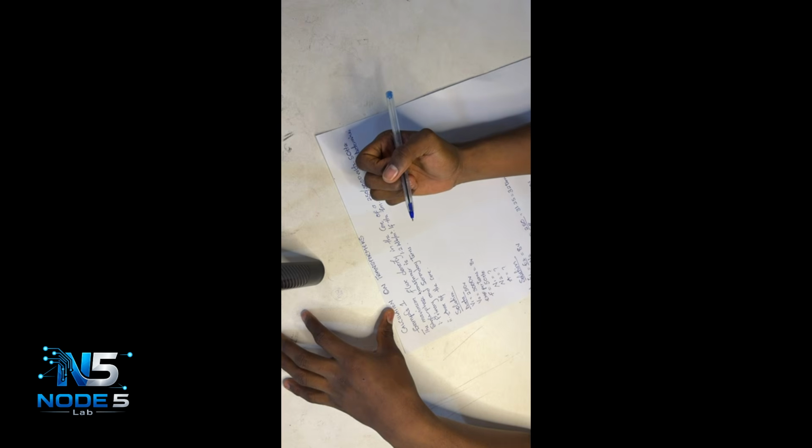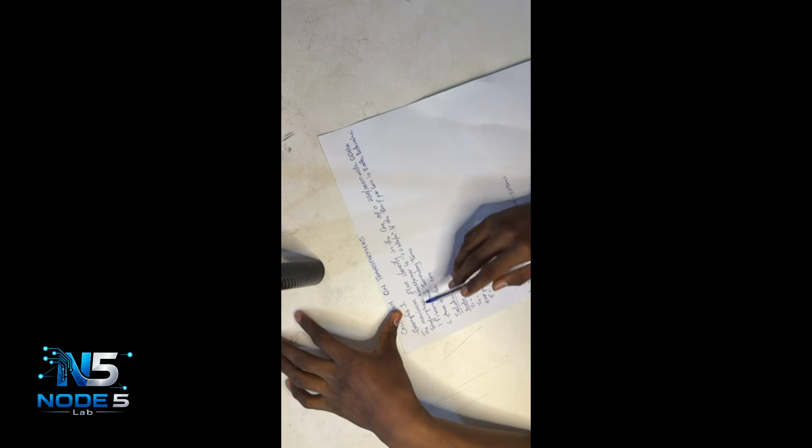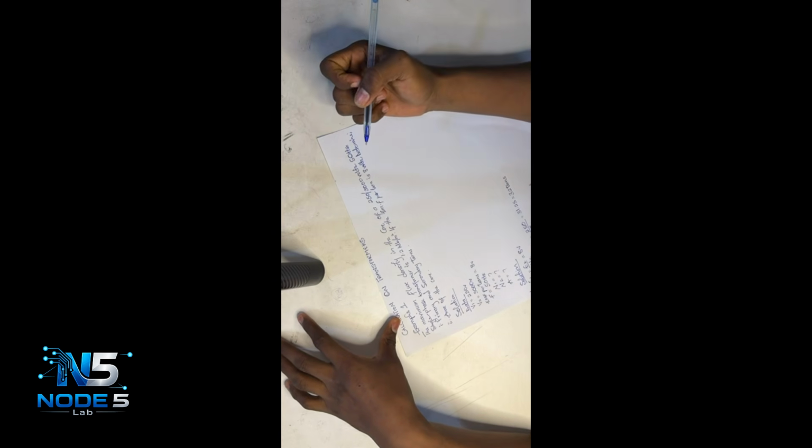That's our example 1. Example 1 is telling us that the maximum flux density in the core of a 250/3000 volt, 50 Hz single phase transformer is 1.2 Webers per meter square.